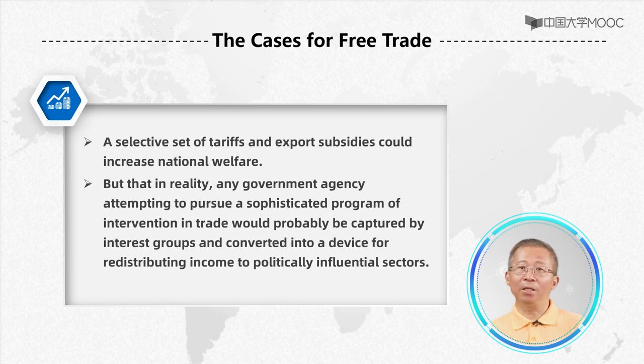If this argument is correct, it may be better to advocate free trade without exceptions, even though on purely economic grounds, free trade may not always be the best conceivable policy.